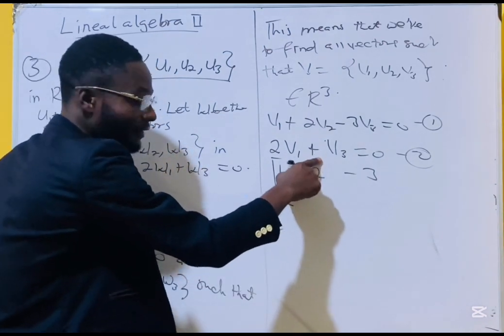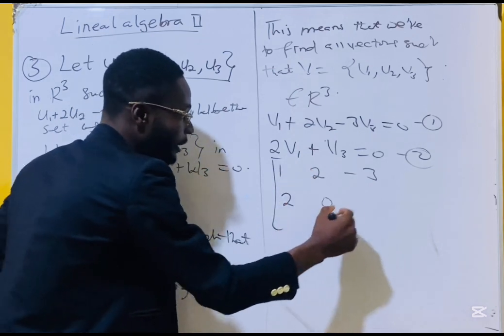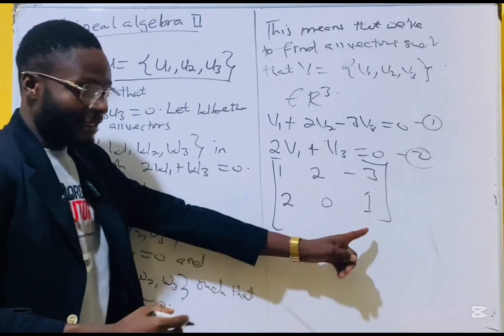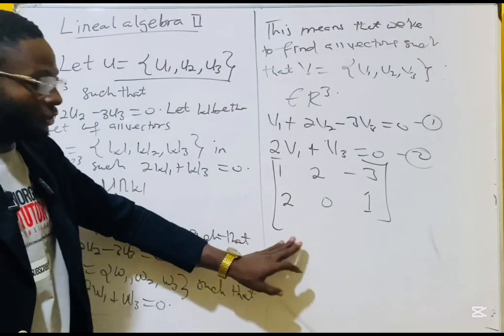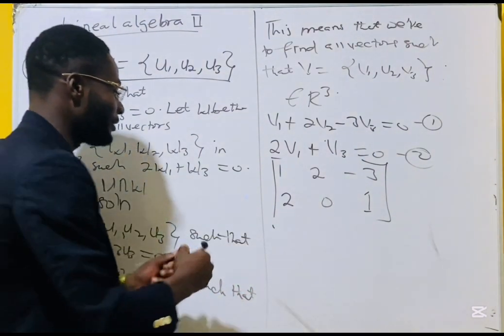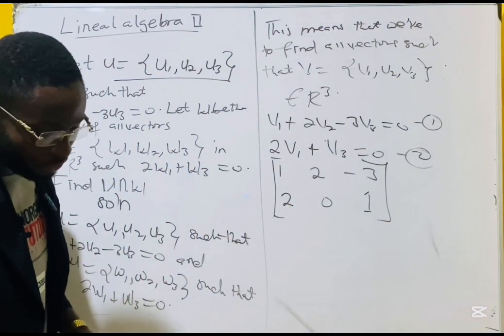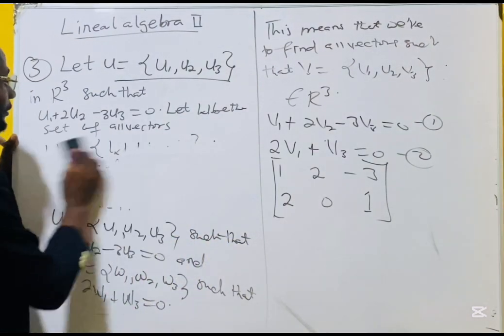The v2 part is not available, meaning it's 0. So we have 0 here and we have 1 here, right? And this has no constant because it is homogeneous. So we're going to solve that matrix.